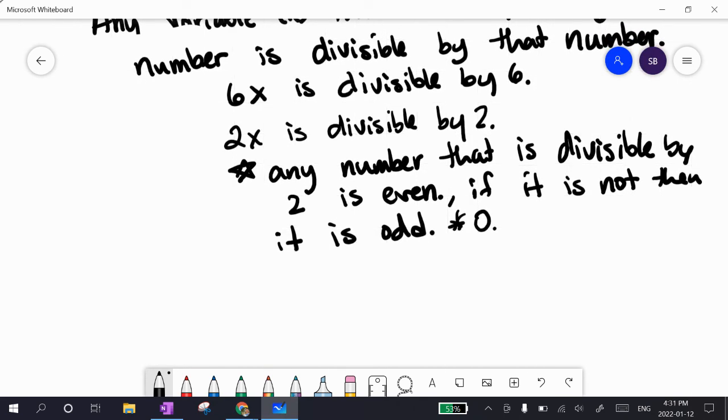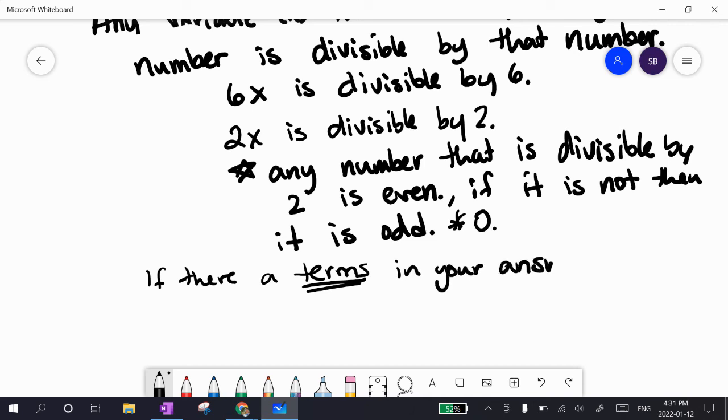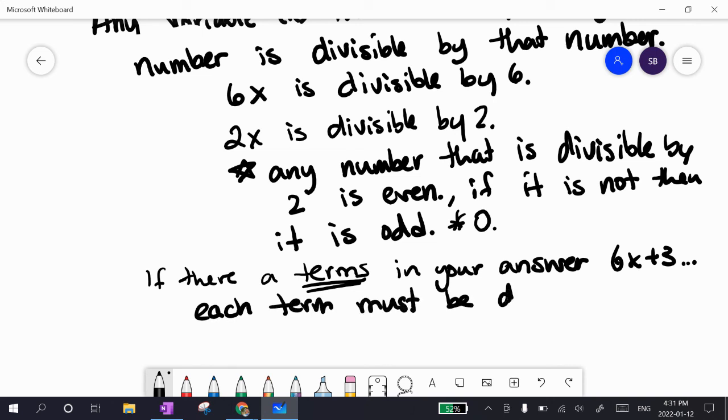Now, if there are terms in your answer, like 6x plus 3, each term must be divisible.